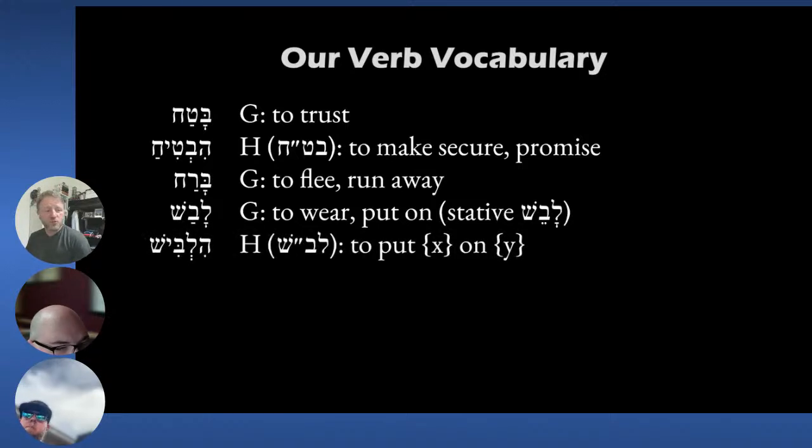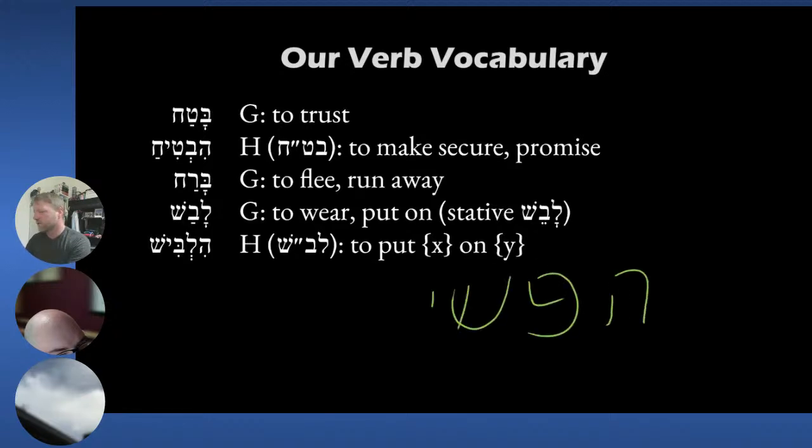In the hifil, this root is hilbish. He made someone wear. He caused someone to wear something, meaning he put clothing on this person. The opposite of hilbish is hifshit.